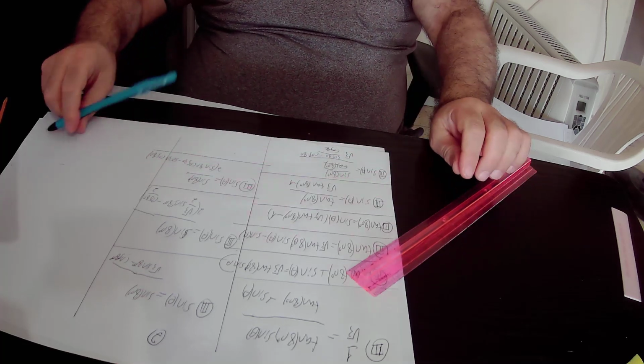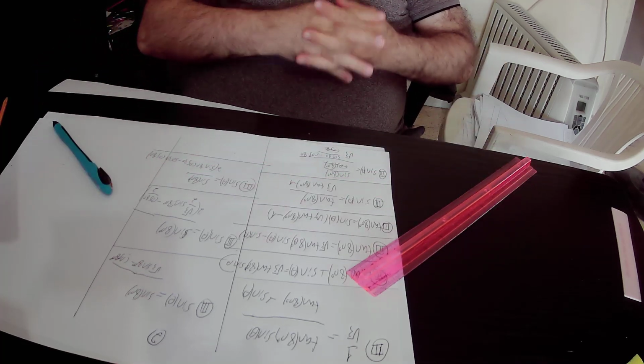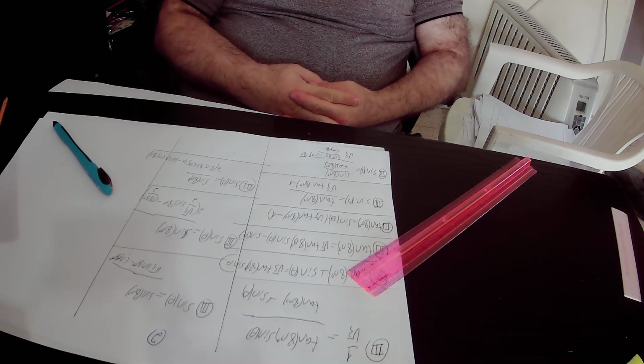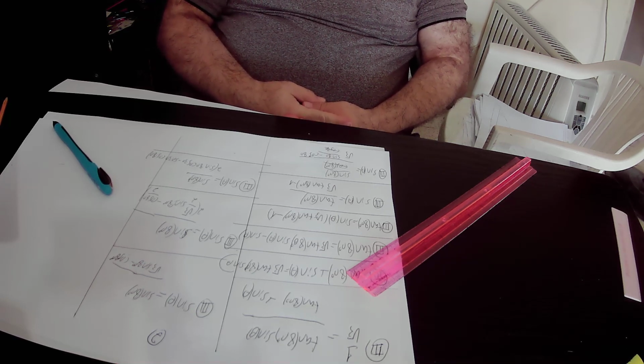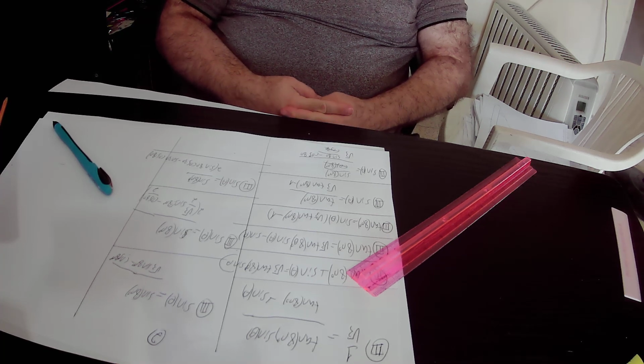Actually, we got in the denominator sinus 80 degrees times cosine 30 degrees minus sinus 30 degrees minus cosine 80 degrees.